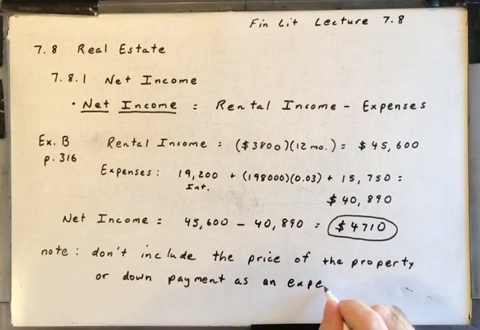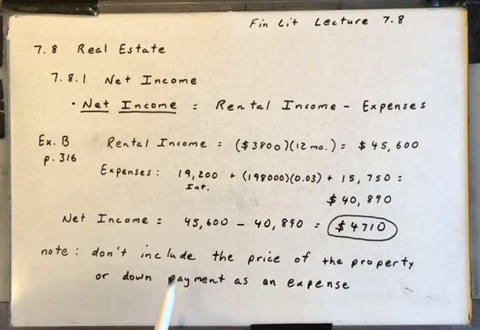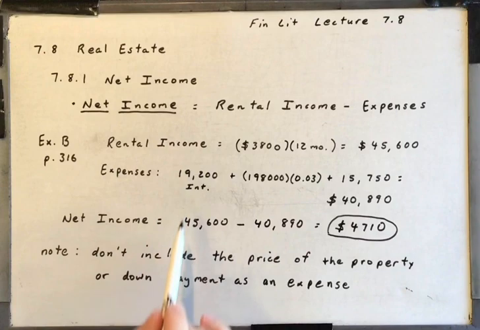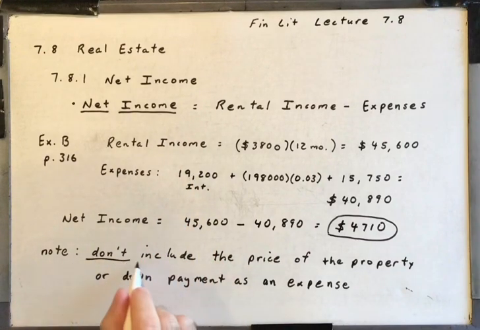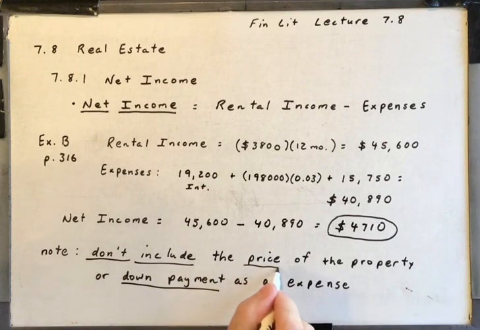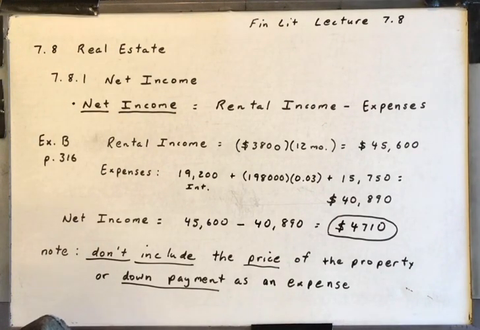Now we will use the down payment in some future problems in this section. It's called a capital investment, the down payment is. But when you're just doing your annual expenses, you don't include the down payment or the price of the property. So that's extraneous information. Okay, pause the video if you need to, and we'll move on to 7.8.2.